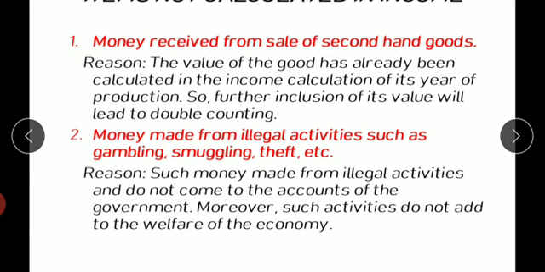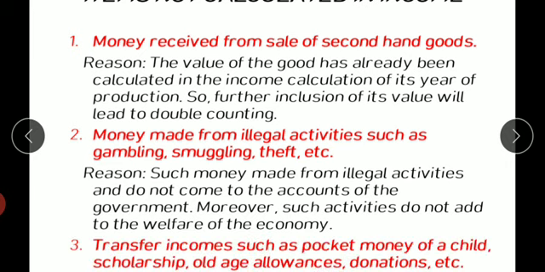These activities are not legal, the government does not get any revenue from them, and they do not add any welfare to the economy. So in this way, such activities will not be included in the calculation of national income.